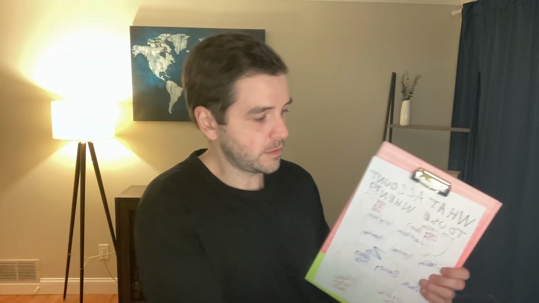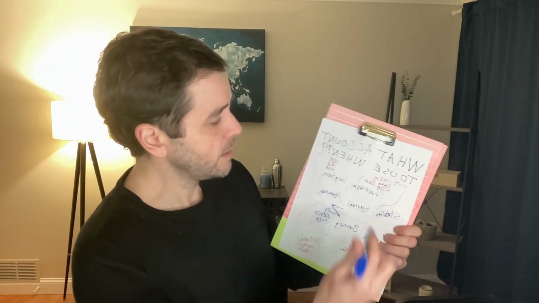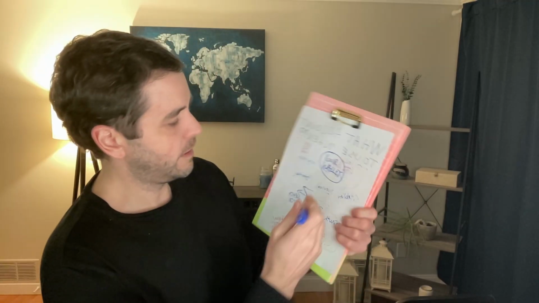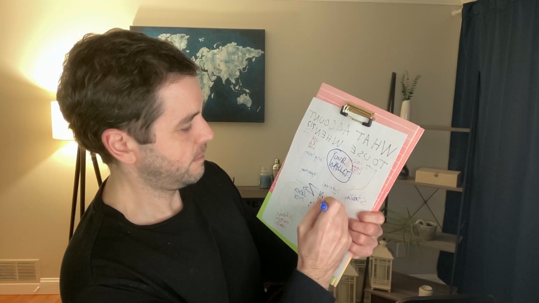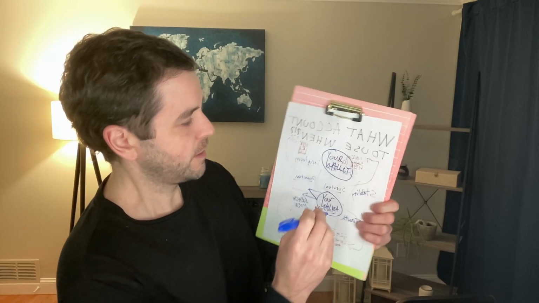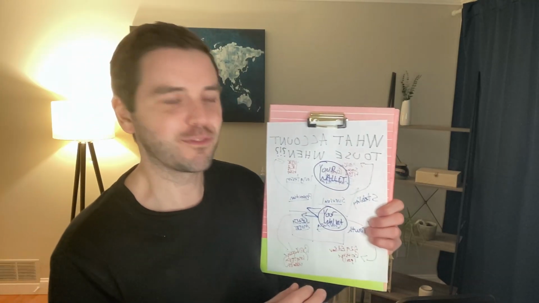So I don't have my black one, but that's okay. So this is your wallet. Okay. We draw a nice circle around that. Now, I'm going to do another example down here. Your wallet. It's kind of hard to see the vein from the other side going through.